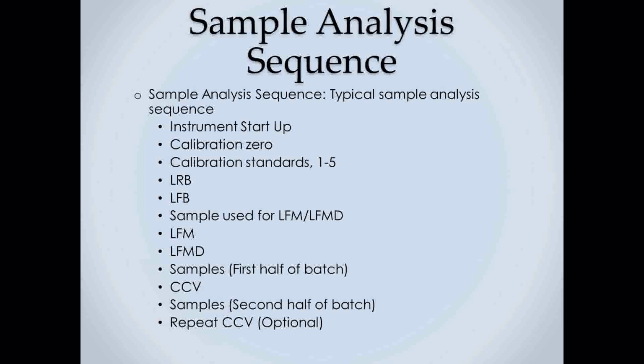Then you run your first half of your batch, and we've defined a batch as 20 samples. Then you run your continuing calibration verification. If it fails, you don't go any further. On the other hand, if it passes, then you do your next set, second half of the batch, and then we say you can repeat the CCV as optional at the end.